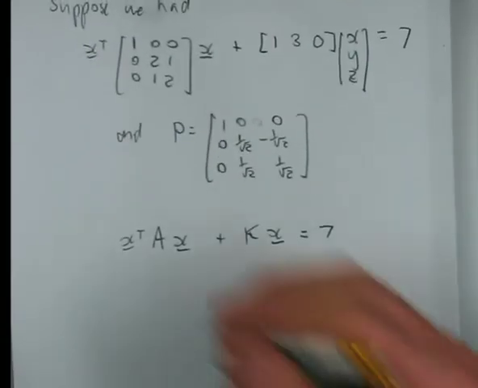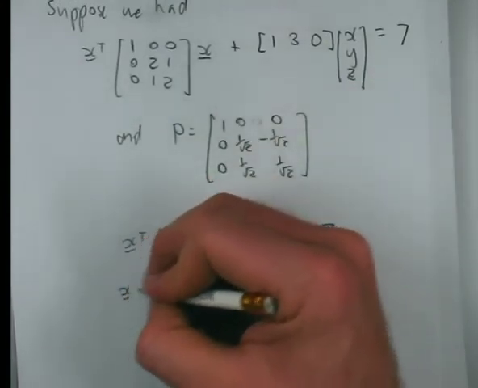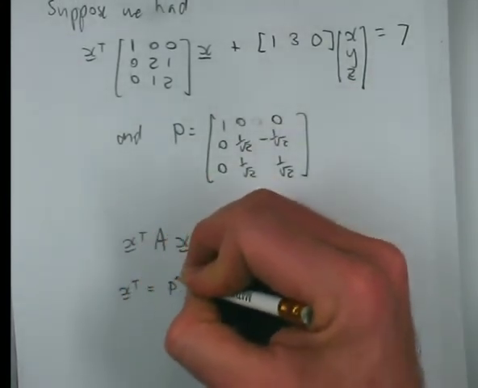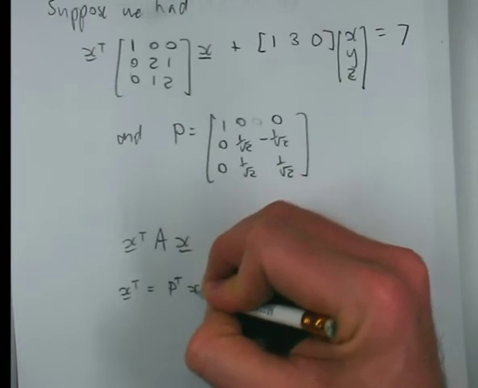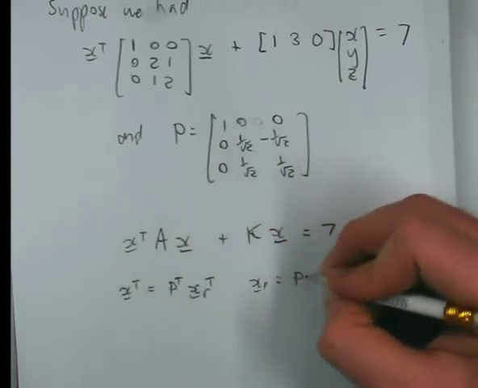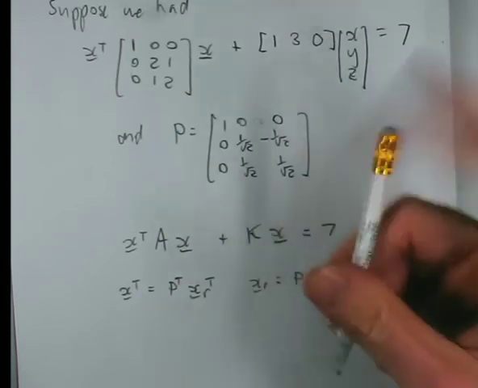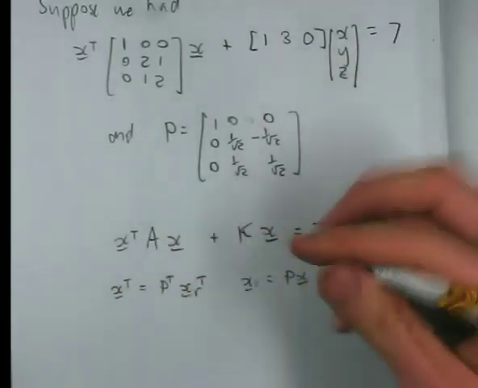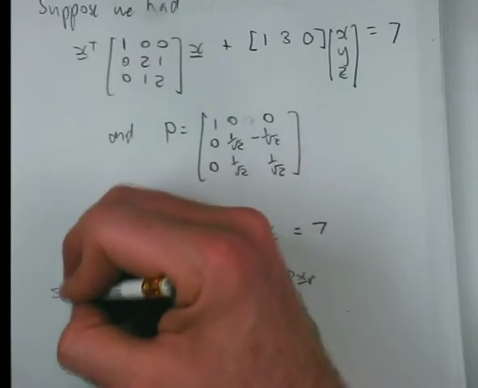Okay, and so what you'll do is you'll sub in X transpose is P transpose XR transpose, and X is PXR. You'll sub in that.